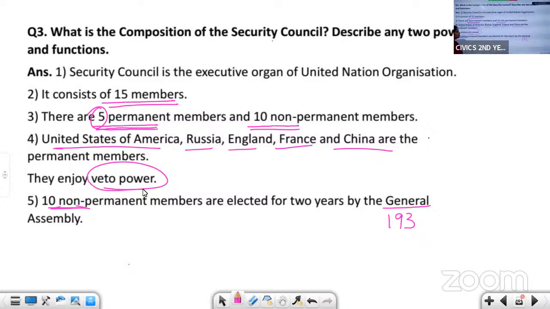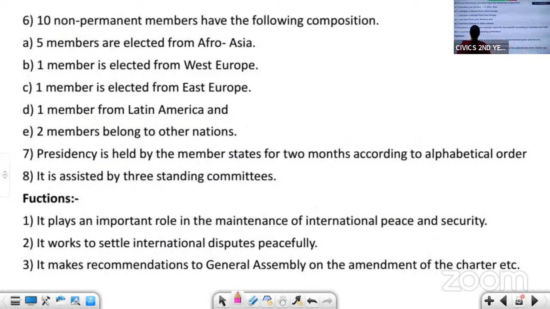What is veto power? Power to reject. So they can reject the resolutions passed by the General Assembly. And 10 non-permanent members are elected by the General Assembly. The General Assembly will elect 10 non-permanent members every 2 years.